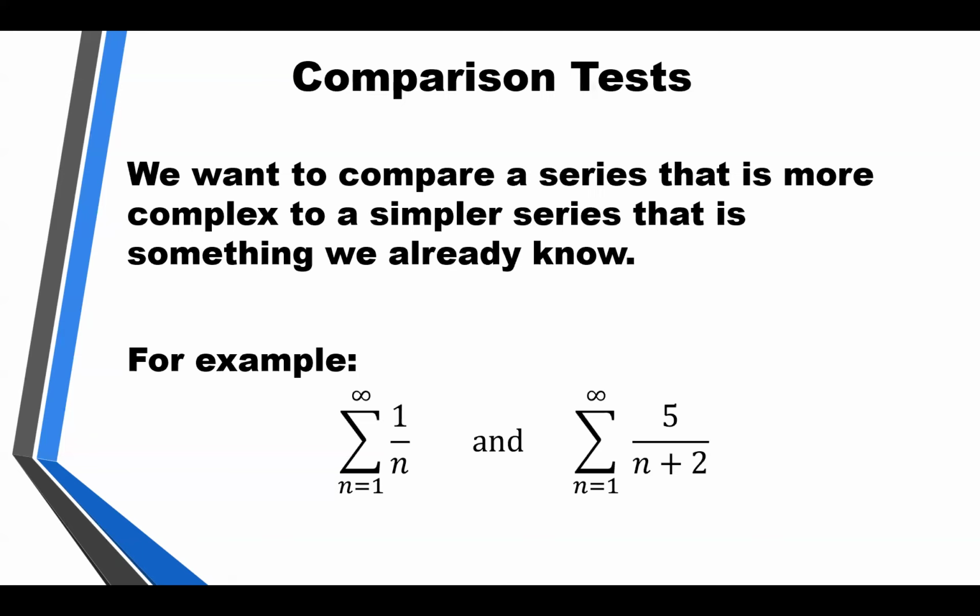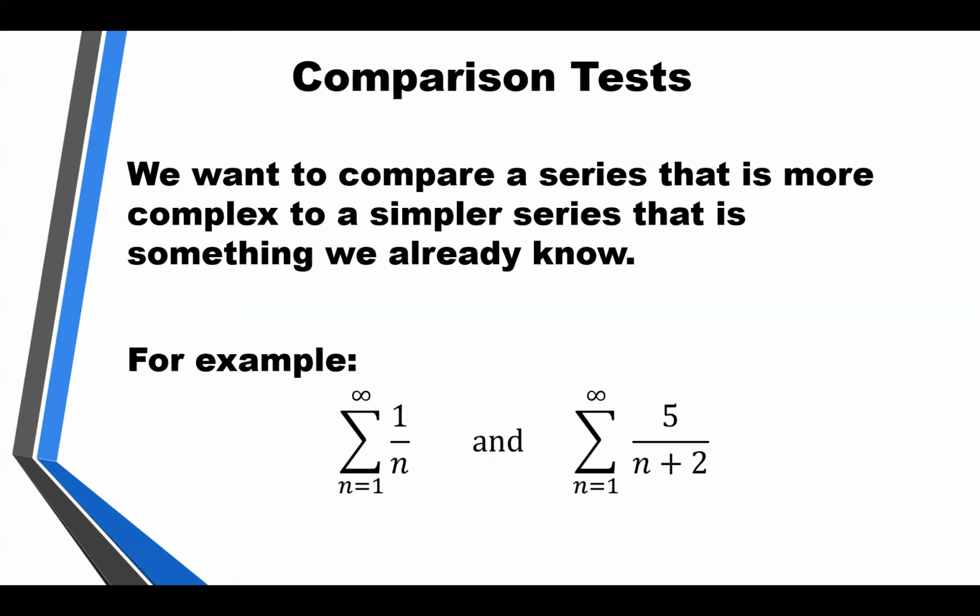So we want to compare a series that is slightly more complex to a simpler series that we already know what happens. I can easily figure out whether that simpler series converges or diverges. And based on that, I can project that onto a more complex series and determine whether that one converges or diverges.